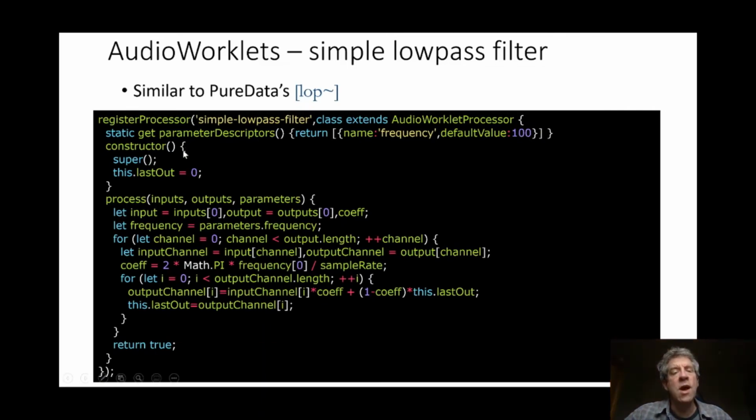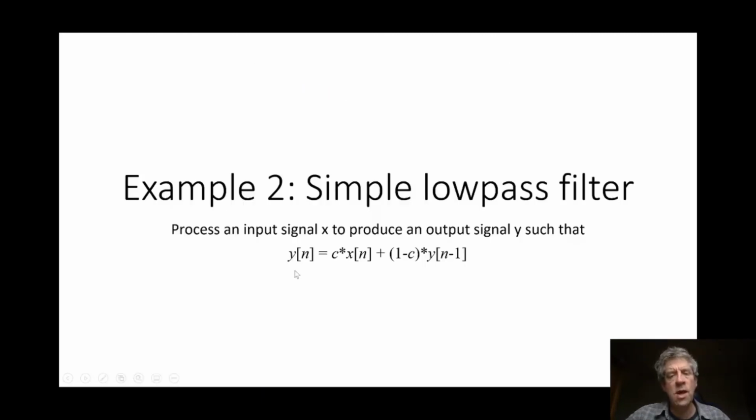Now here we have a constructor where we're defining a few internal attributes of this audio worklet that we're going to work with. And we work with this, what we're calling last out, which we set to 0. We do that because the current output is a function of the current input plus a previous output.